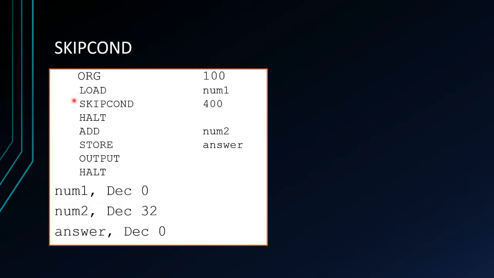And then let's go to skipcond. So skipcond 400. So this means we're going to use the condition AC is equal to 0. So let me write here, this is AC equal to 0. And remember in this part, AC is equal to 0.